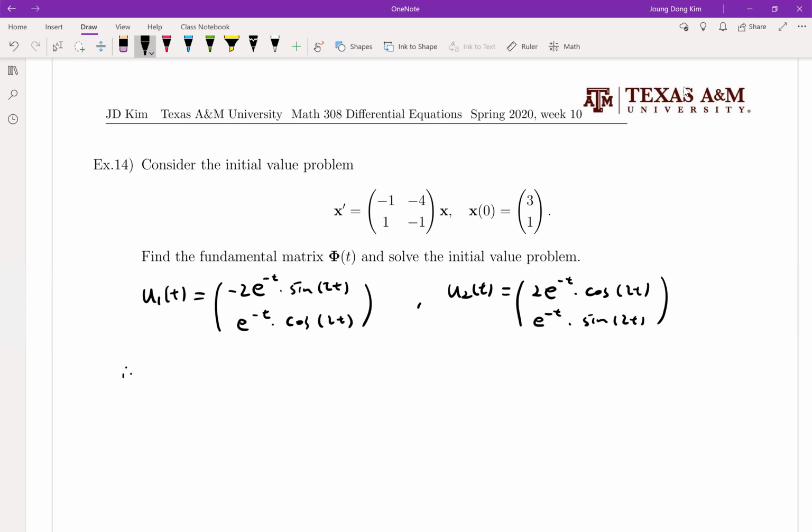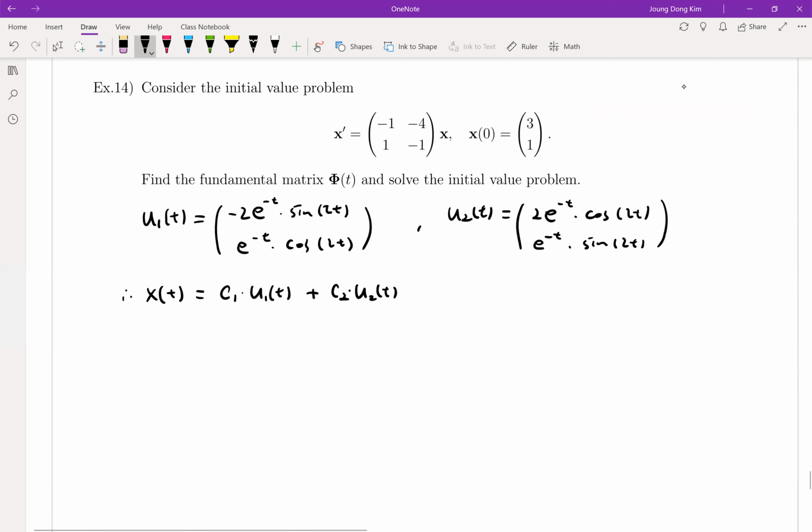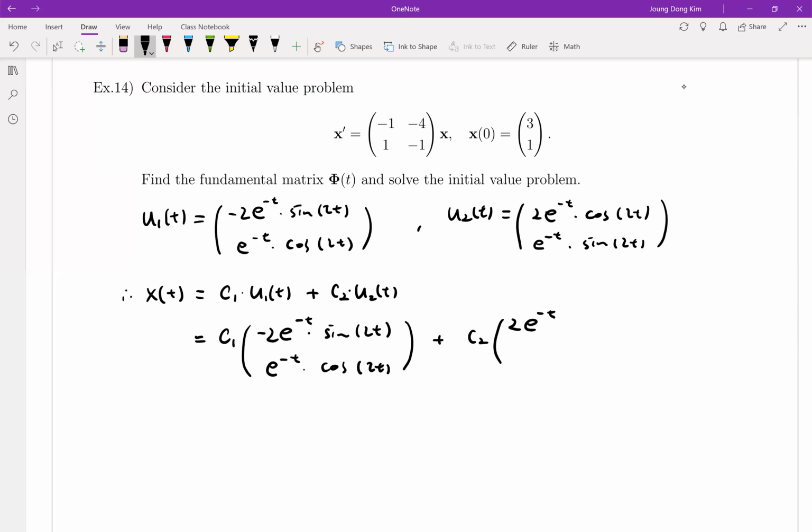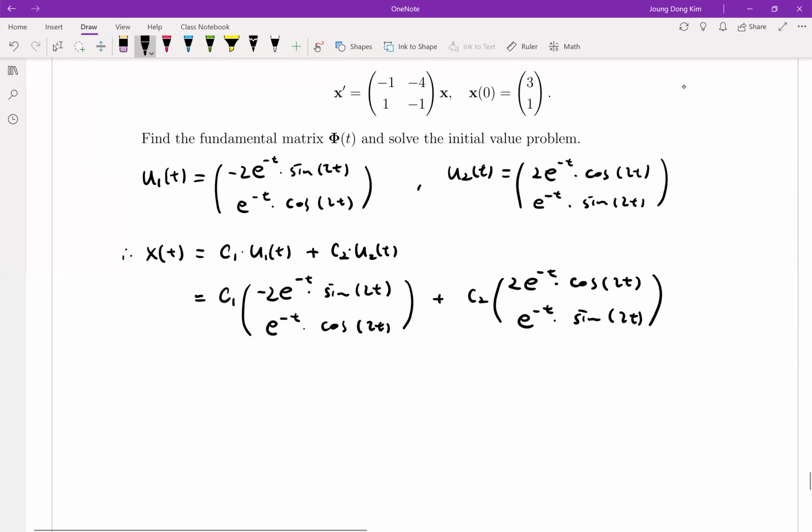We can say your solution vector is the linear combination of u1 and u2, which is equal to c1 times negative 2 e to the minus t sine 2t and e to the minus t cosine 2t, plus c2 times 2 e to the minus t cosine 2t and e to the minus t sine 2t.